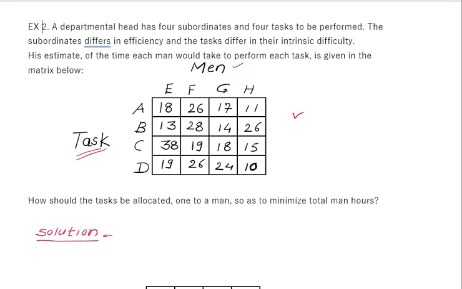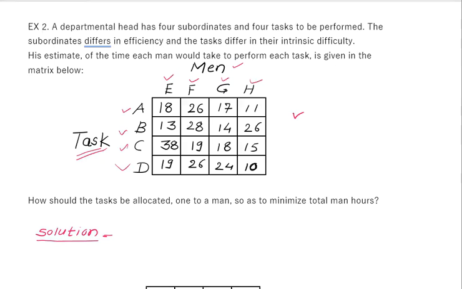For example, suppose 18 minutes is the time taken to perform task A by the first person E. Similarly, 26 minutes is the time required for person F to perform task A, and so on. So the cost matrix represents the time required to perform these 4 tasks by these 4 persons.